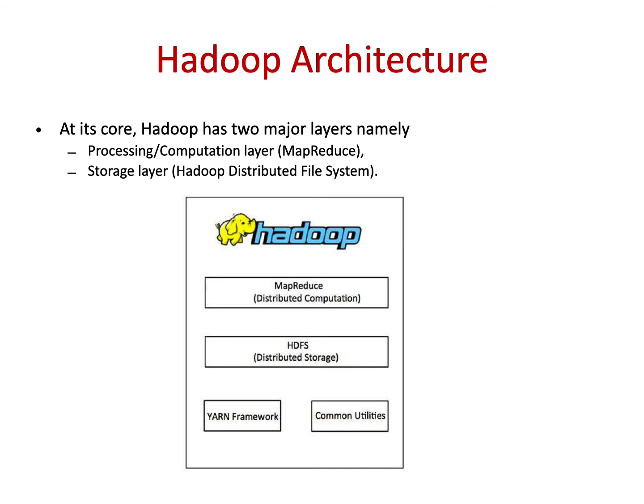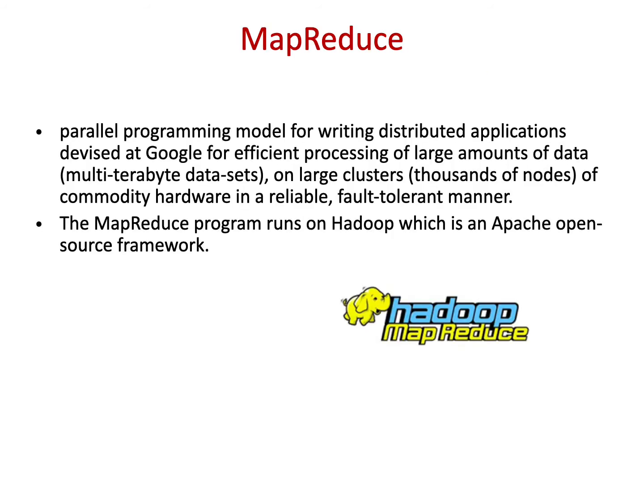We can see here MapReduce and HDFS, and it also consists of the YARN framework and the common utilities. But the two most important components are HDFS and MapReduce.